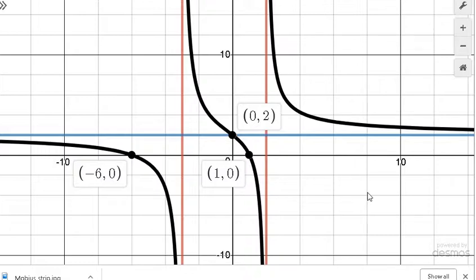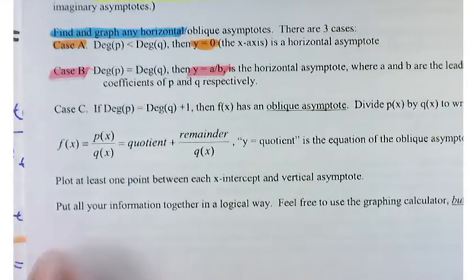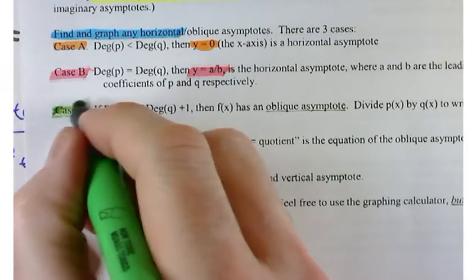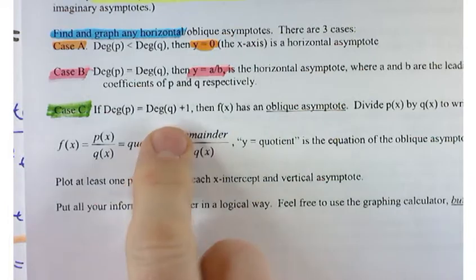All right, there was one last case that we have to deal with in terms of asymptotes. Let's look at our handout first. So coming back here. And it's case C. If the degree of the numerator, what's that saying?